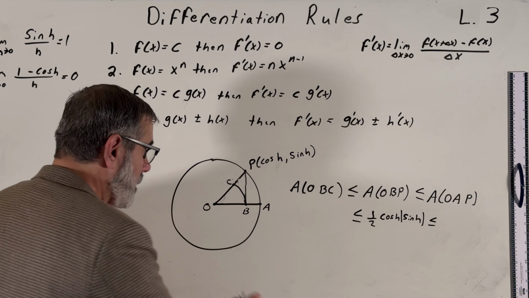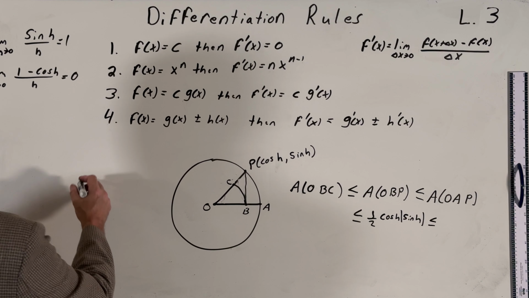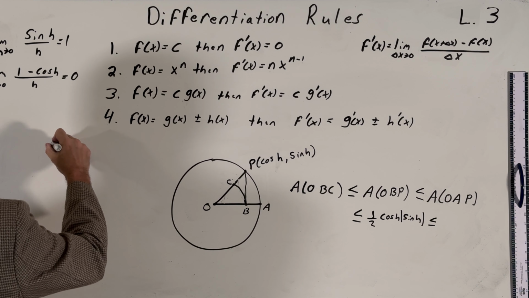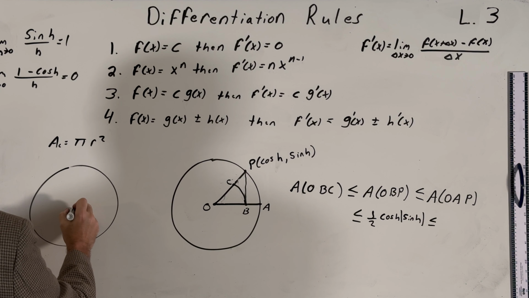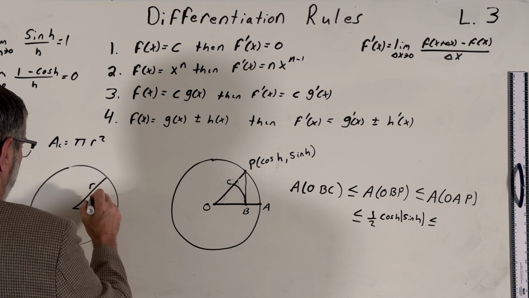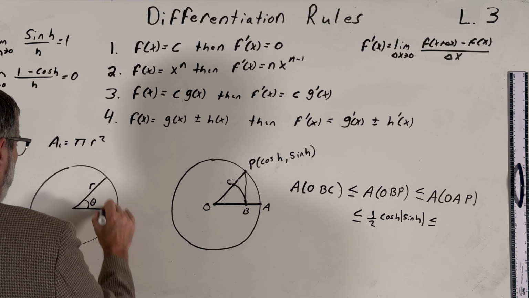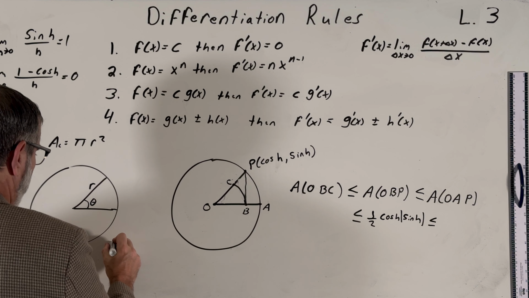But what about sectors? Well, the area of a sector, right, if you think about it, we know what the area of a circle is, right? Area of a circle is pi r squared. So if I have a circle, but what about a sector? Here's a sector, and so this will be some angle. So I'm going to call it theta this time, okay? So the ratio of theta to, what is theta for a whole circle? It's 2 pi, right?